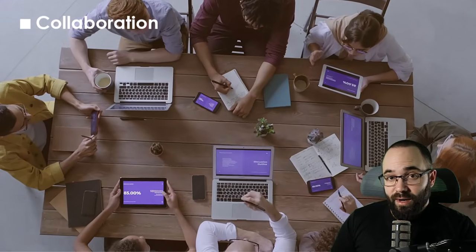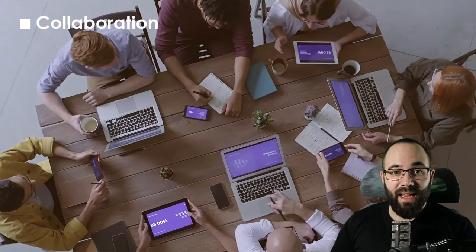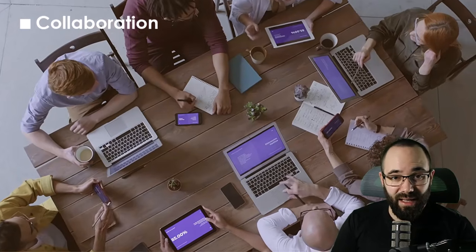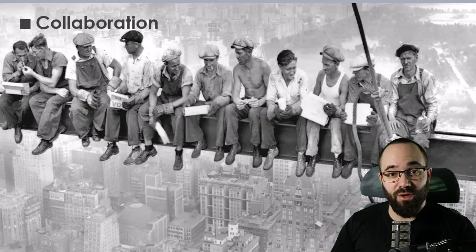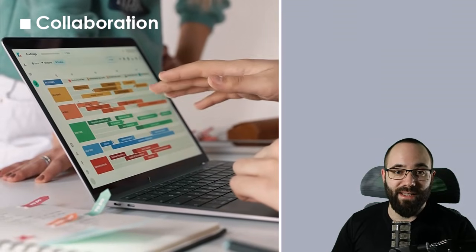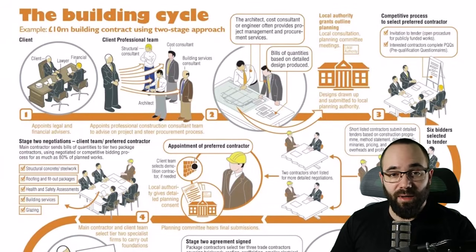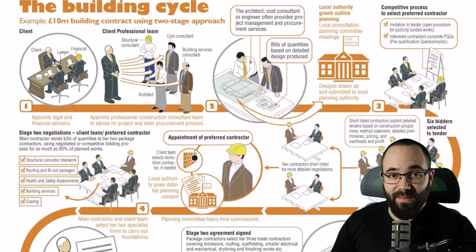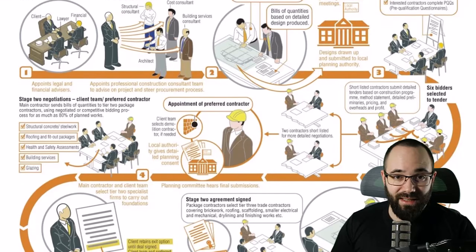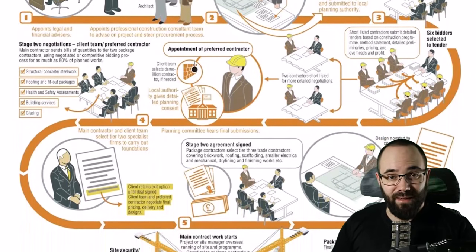Finally, we have collaboration. LOD enhances collaboration among disciplines in a multidisciplinary project. A clearly defined LOD helps ensure that everyone's contributions align with the project's goals and timelines, minimizing rework. In summary, LOD is vital for clear communication, effective risk management, accurate cost estimation, better planning, efficient facility management, and enhanced collaboration through the project lifecycle.